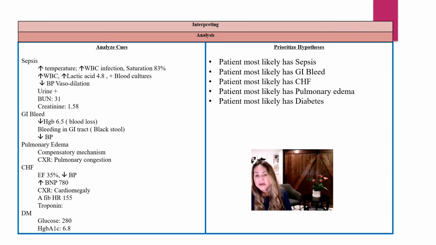GI bleed: what are the cues for us to analyze that led to the idea the patient has a GI bleed? Well, his hemoglobin is 6.5, which is really low. His stool is really red and bright, and the BP is low. Also, we know this patient is an ETOH patient.